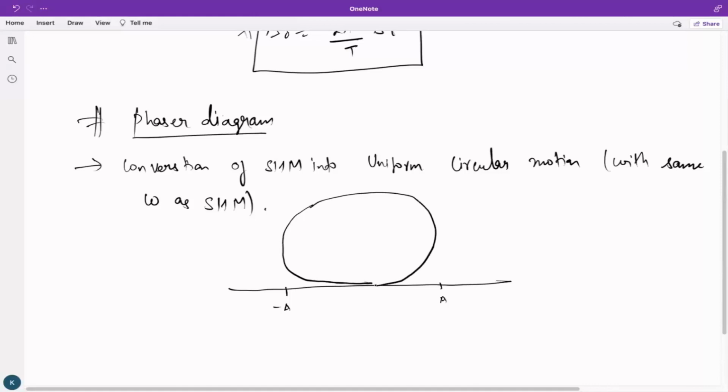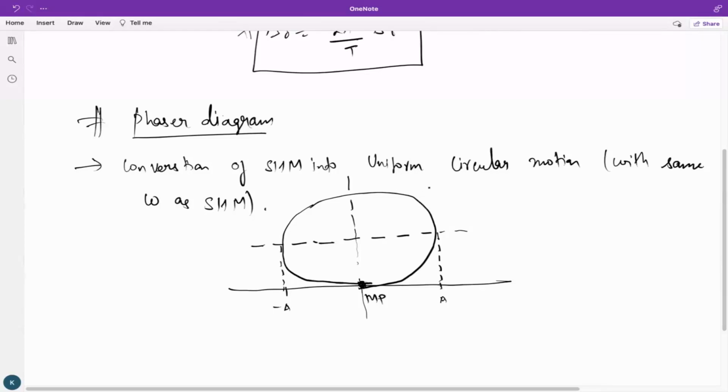Okay, so this is our circle. This is our mean position, and this is our plus A, this is our minus A, right?